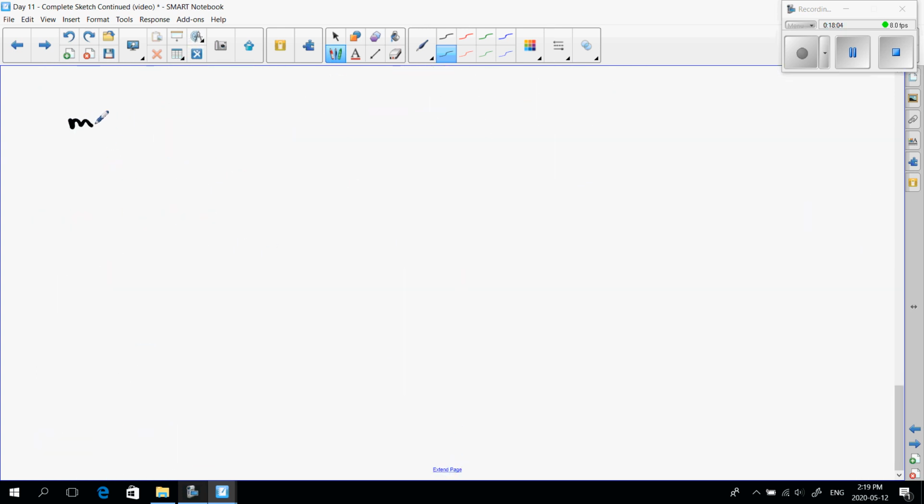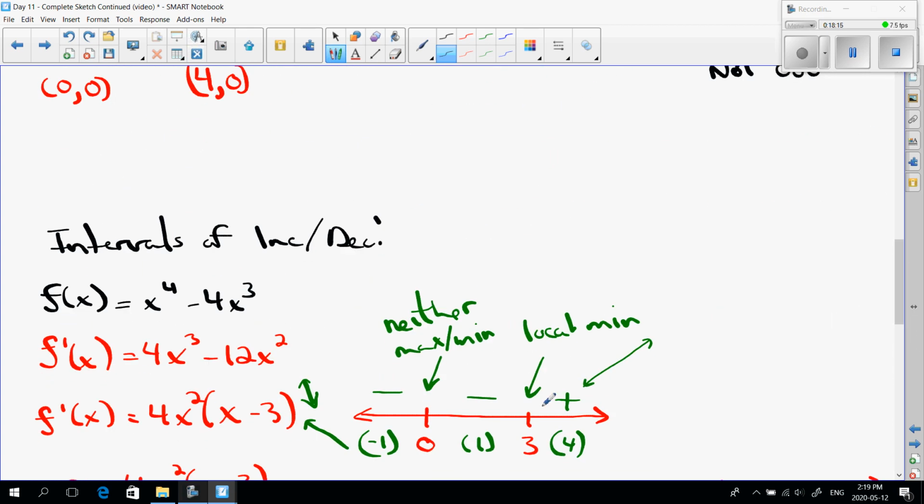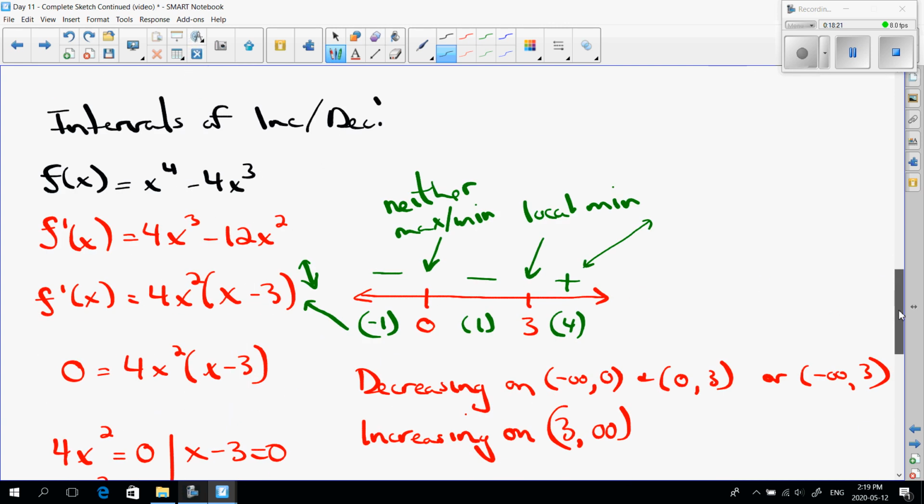So I can say there's a minimum at x equals 3. Again, that's coming from this critical value. It goes from negative to positive at 3, so that means it's a minimum. If it went from positive to negative at 3, it would mean it's a maximum.